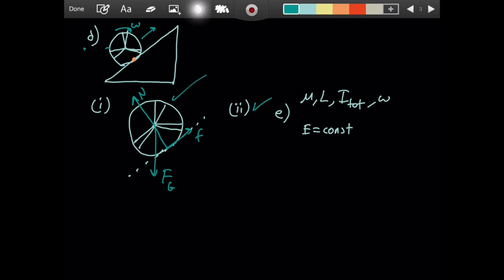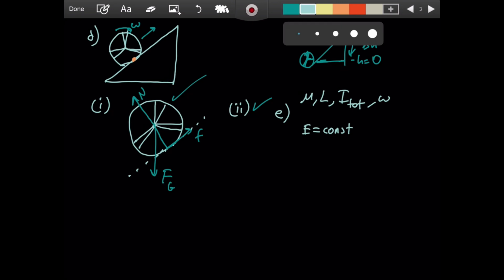So let me erase it. So let me draw it here. We start at the bottom of the ramp like this. I choose it as 0 height. So let me even adjust the incline to my preference. Okay. So it starts there and it will be here at some point. I call delta H.